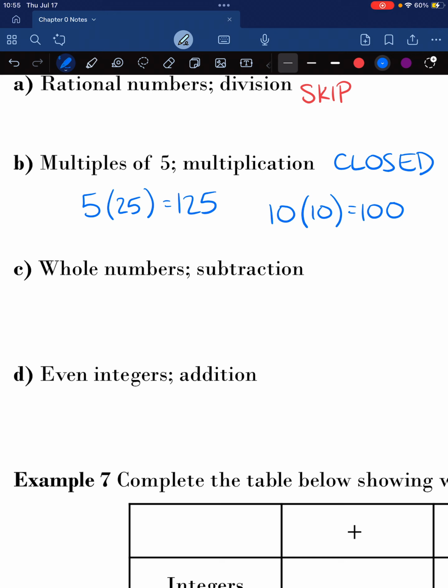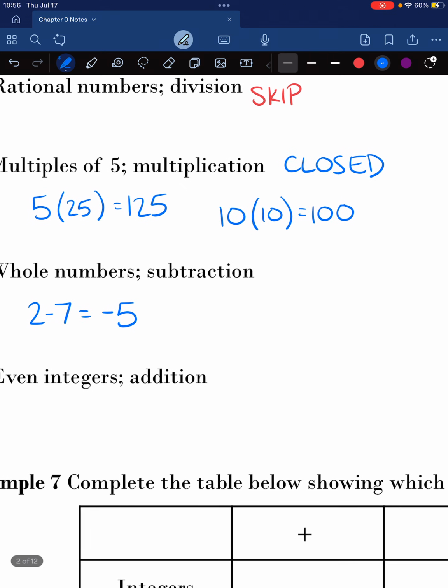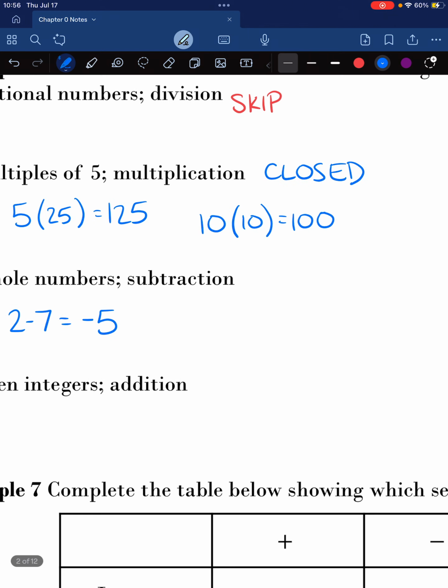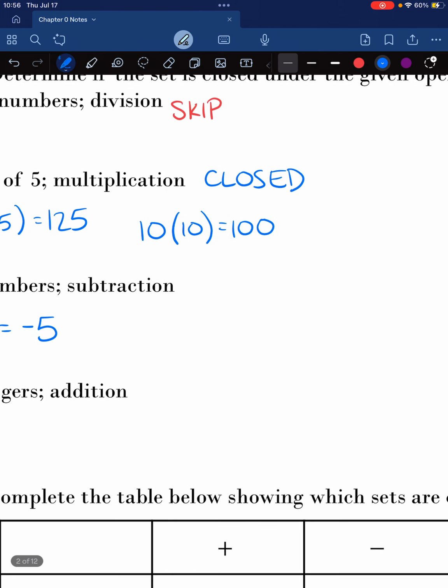Okay, whole numbers under subtraction. So I can think of things that would make this true, but can I think of one that wouldn't? Maybe if I take away a bigger number from a smaller number, like 2 minus 7 is -5, and -5 is an integer, but not a whole number.